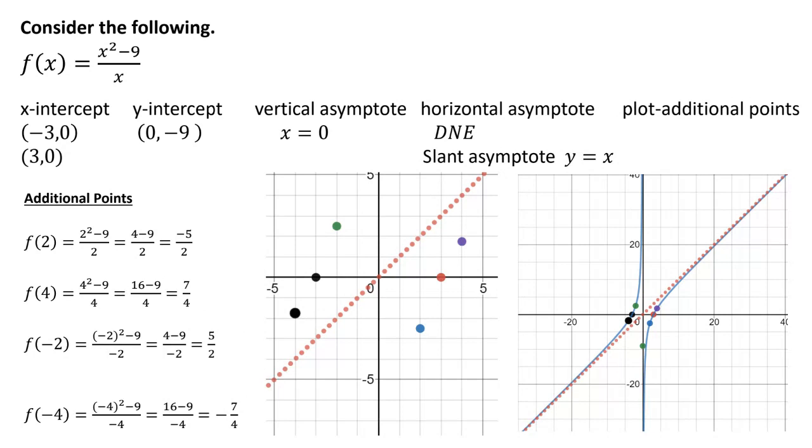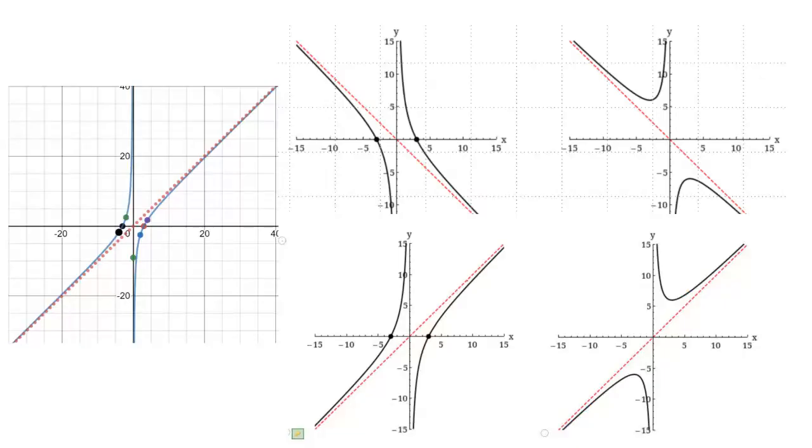Then I had my vertical asymptote at x equals 0. So here, when we look at the multiple choice again, the slant asymptote has the wrong slope. This has a negative slope. This one also has a negative slope. These two have positive slopes like mine, but mine has the curves where I have a vertical asymptote at x equals 0.